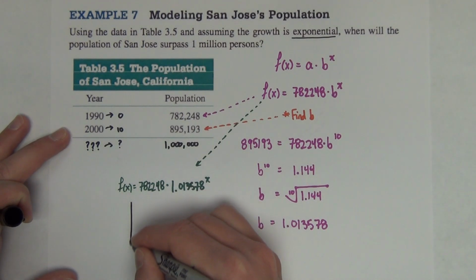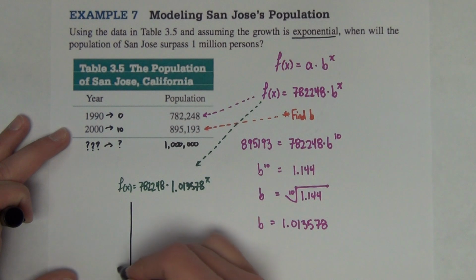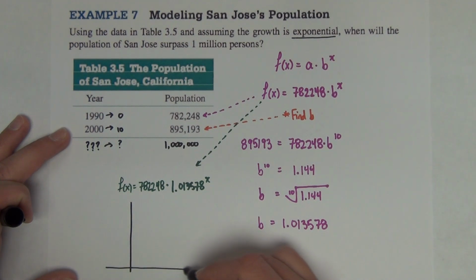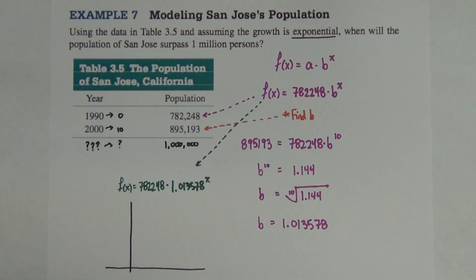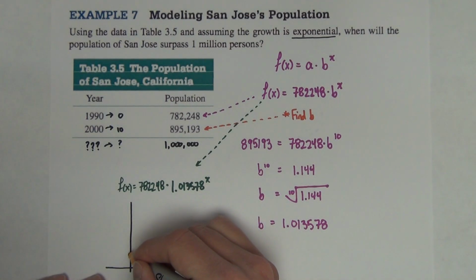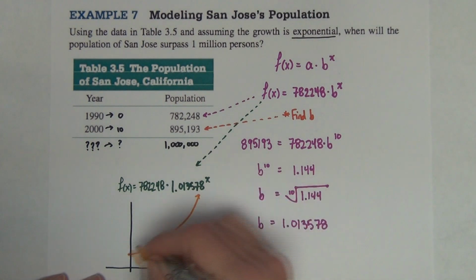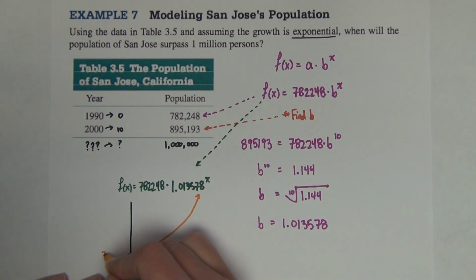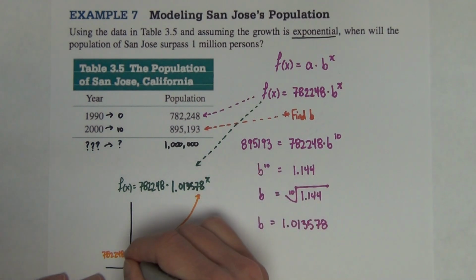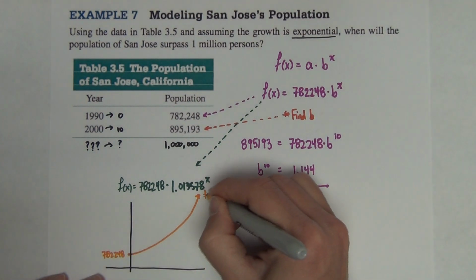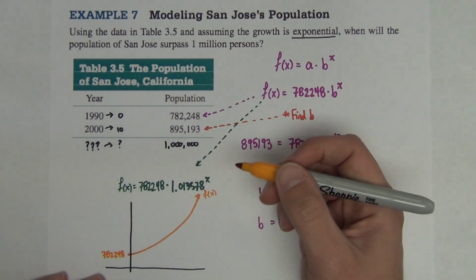So let's see, we've got our function that looks kind of like this. It starts right here at 782,248. Of course it goes to the left also. So there's our f of x function. It is growing.